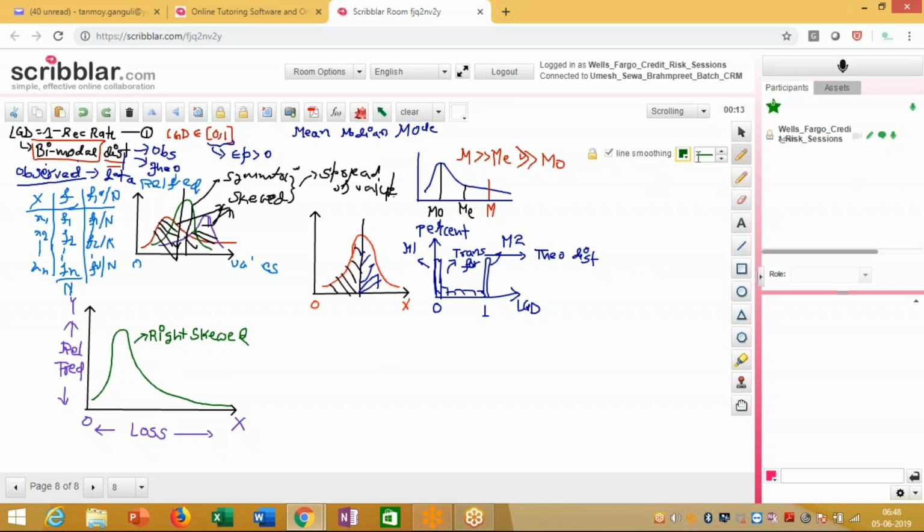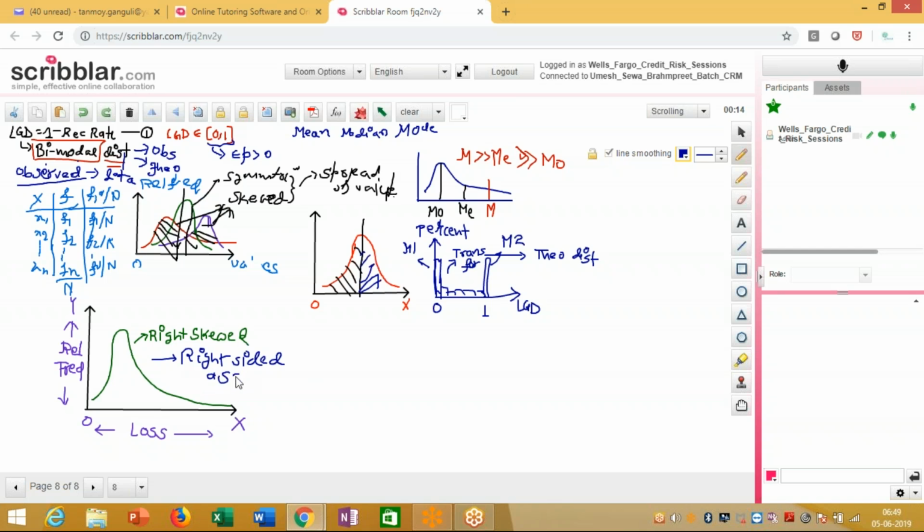So because the asymmetry is at the right side, it's a right-sided asymmetry.